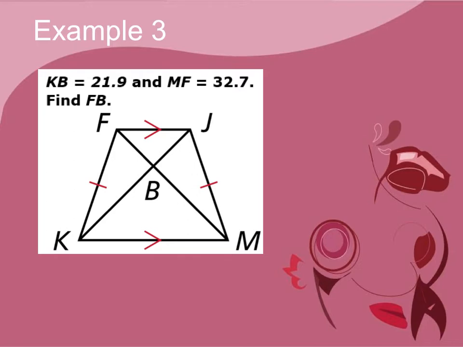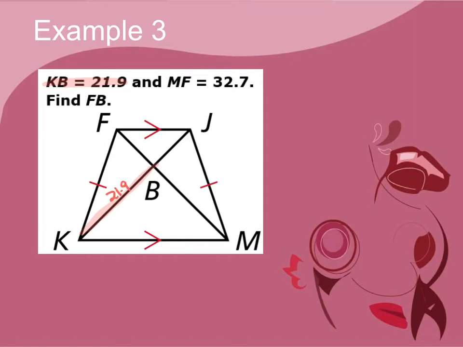Okay, again, still an isosceles trapezoid. One of the properties we just learned is that the diagonals of an isosceles trapezoid are congruent. That's the information I'm going to use to complete this example. So my diagonals are congruent. It's telling me that KB is 21.9, this little piece right here.